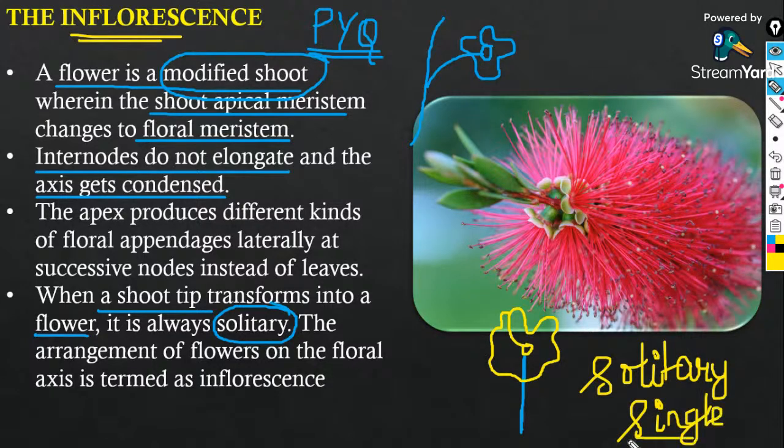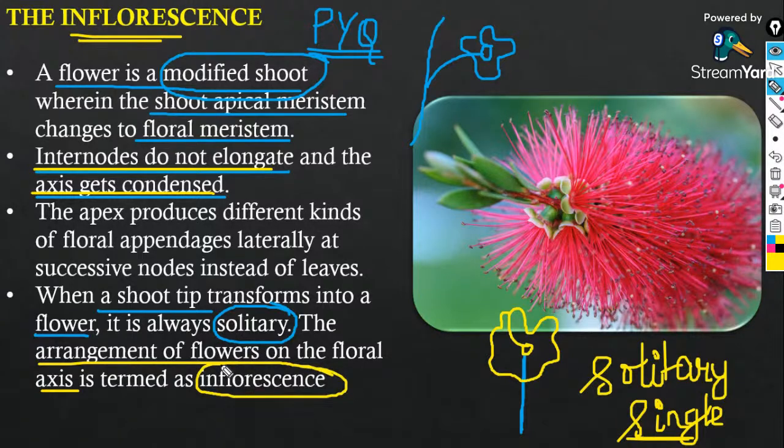Only one flower would be born because internodes will not get elongated and the axis will get condensed, right? So the arrangement of flowers on the axis is termed inflorescence. Clear?